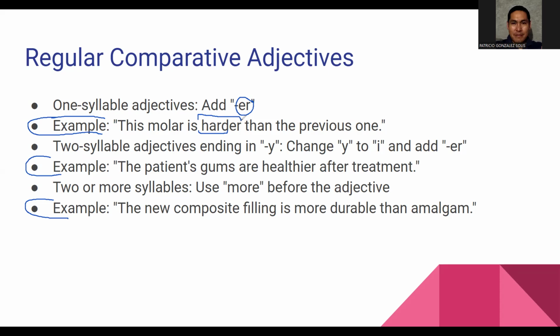Now, healthier, comparative adjective. What is the normal form? Healthy. Rule: change Y with I plus ER. Healthier.